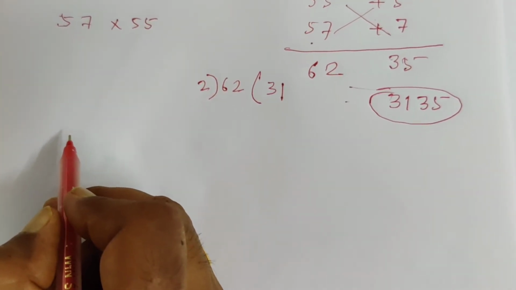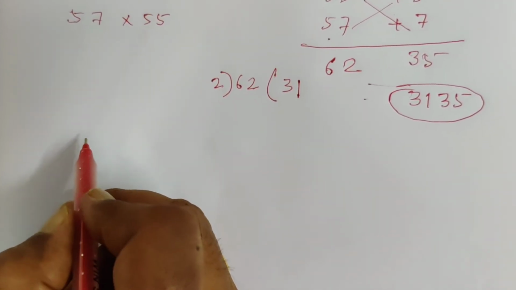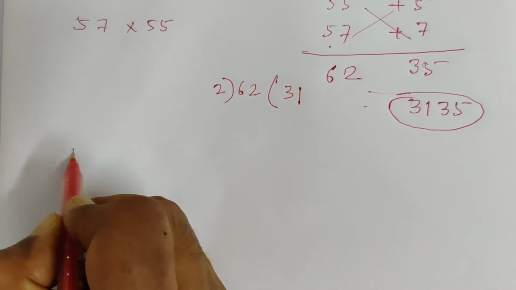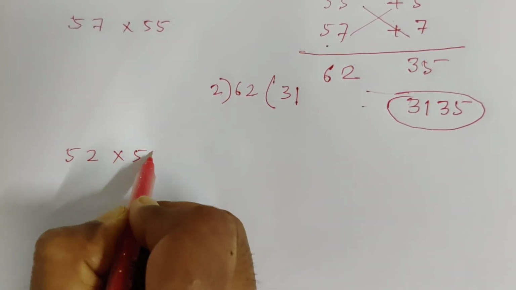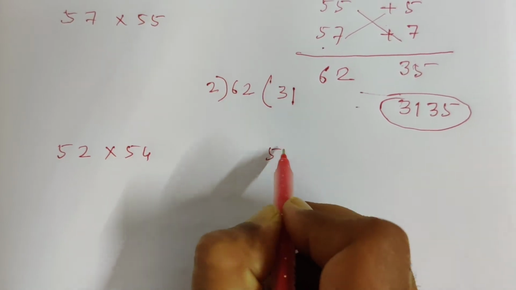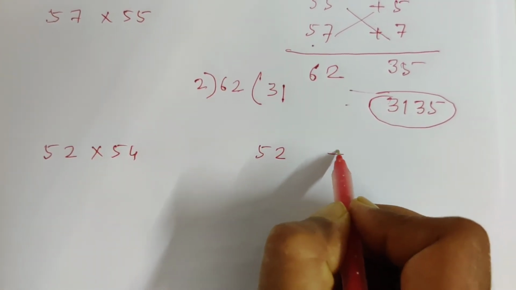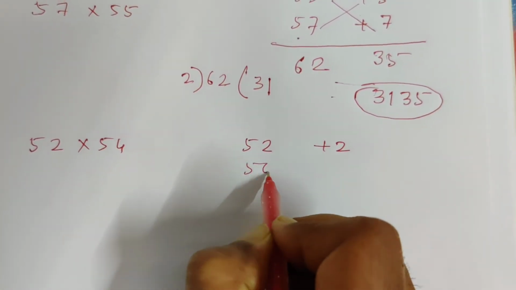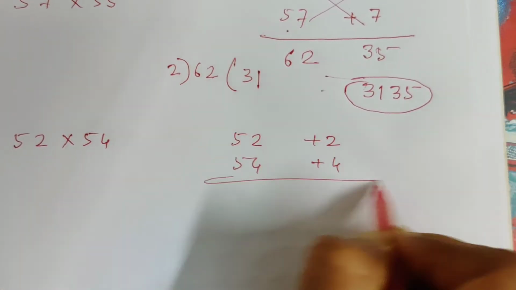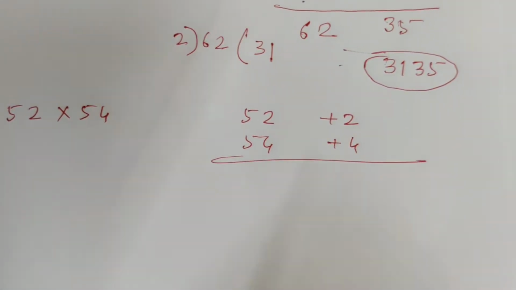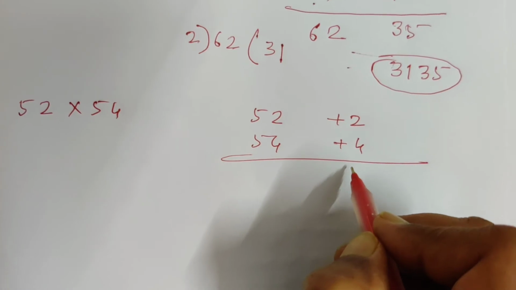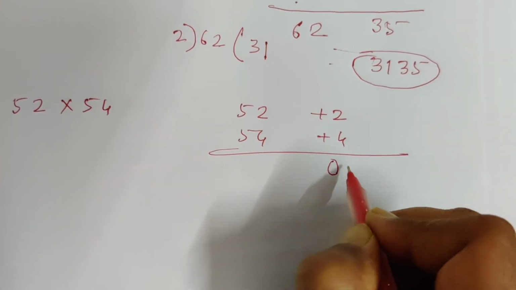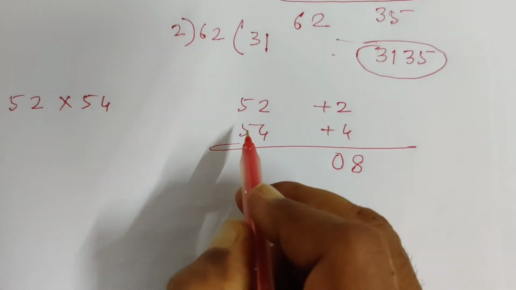So like this, another one, 52 into 54. Similarly, 52 is 2 plus, 54 is 4 plus. Now 2 fours are 8. 8 is a single digit, so we write over here double digit, 08.